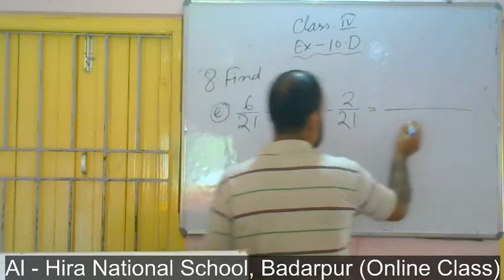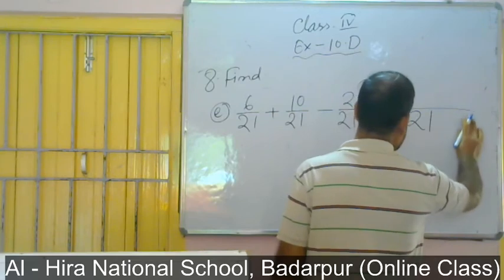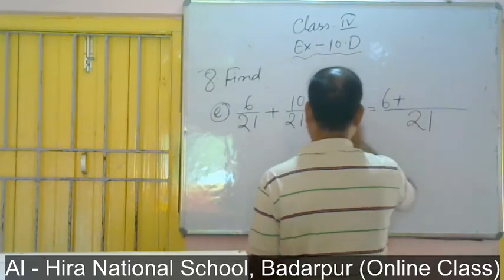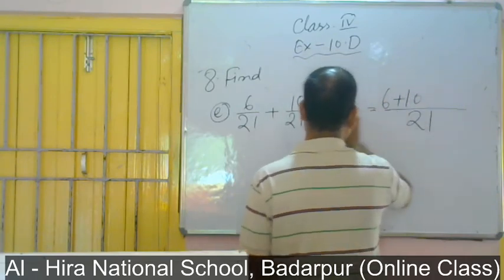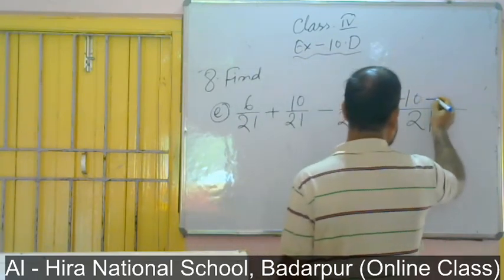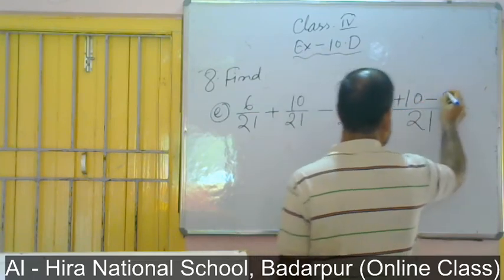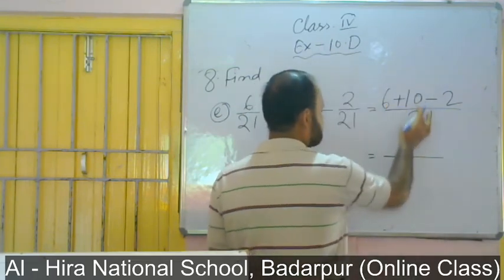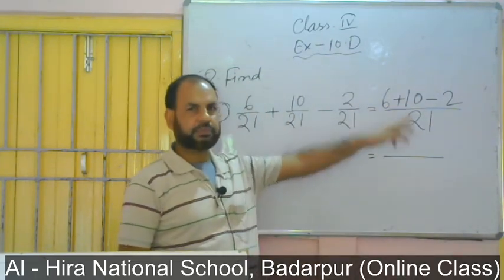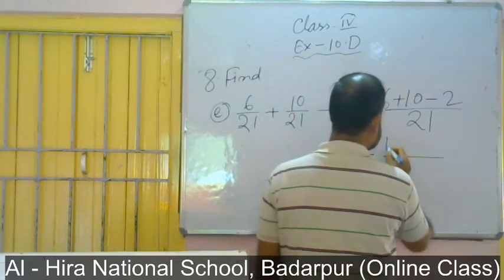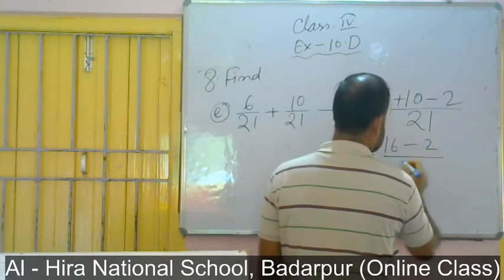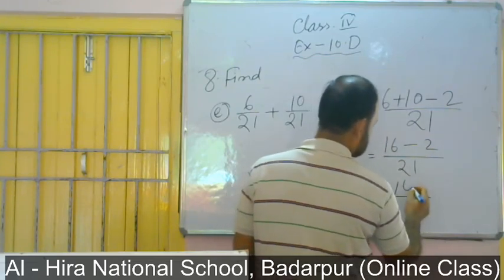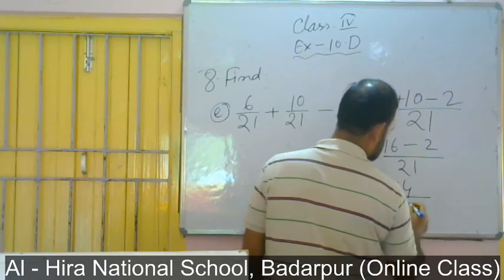We take only one common denominator, and here 6 plus 10, and since the sign is minus, we give minus 2. 6 plus 10 is 16, minus 2 is 14, so 14 by 21.